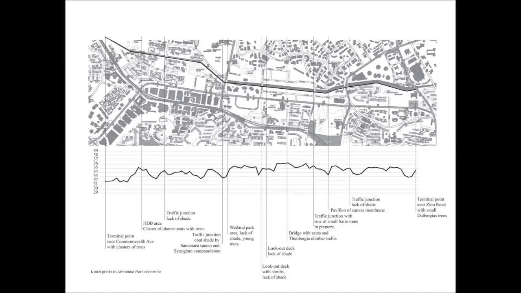As such, wherever a park connector meets a nodal point, pedestrians would be aware of the changing level of thermal comfort in some way. It can be argued that the nodal points of the park connector should be regarded as an important area to design, since they have great potential to enhance thermal comfort.